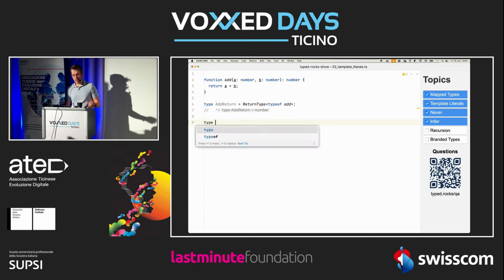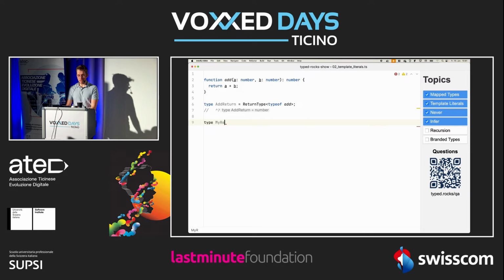Well, let's create this ourselves. So we create a MyReturn type, and we pass in a T. And now we do basically the same. We create a conditional type. We say, okay, if T extends a function type, so basically if T is a function type which takes any kind of arguments or no arguments at all, and it returns anything, in this case, to start with, we will just return any.